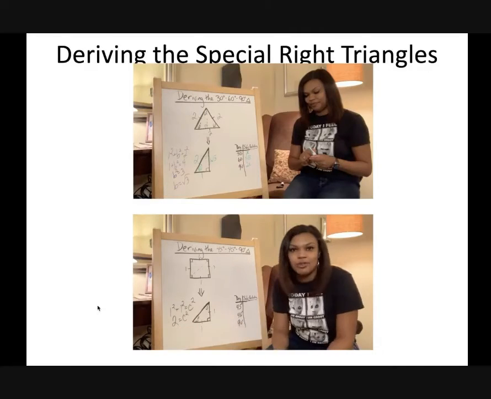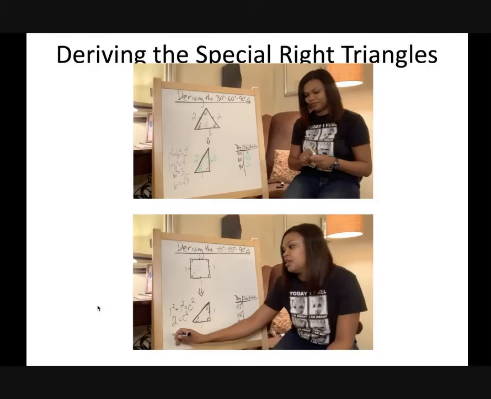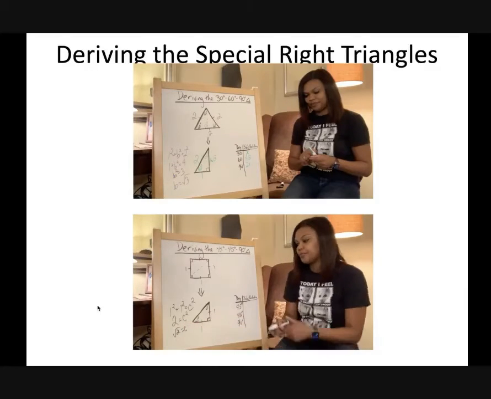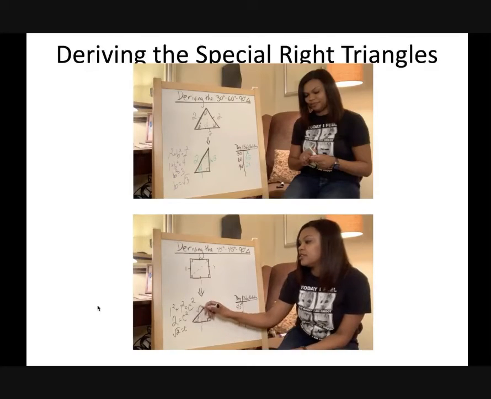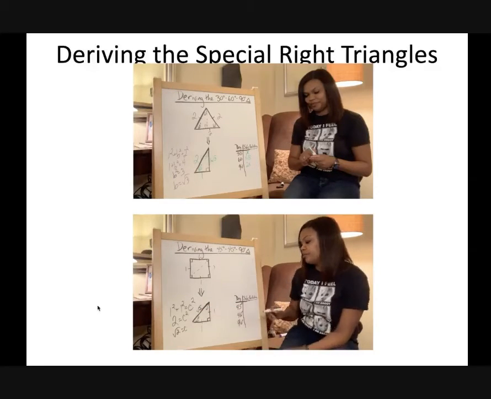And again, normally when we incorporate a square root, you would assume the positive and the negative. However, because we're dealing with a distance or a side length, we're going to assume just the positive. So the square root of 2 is equal to c. So this side length here is the square root of 2.